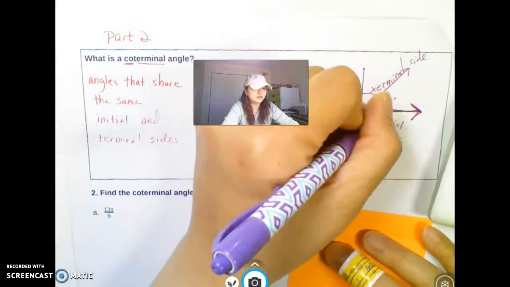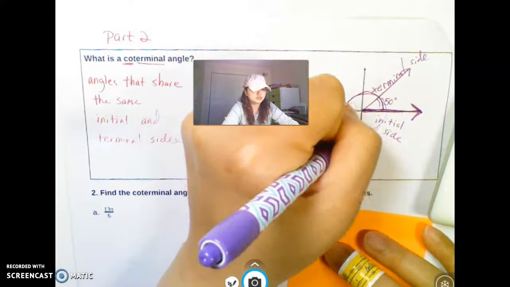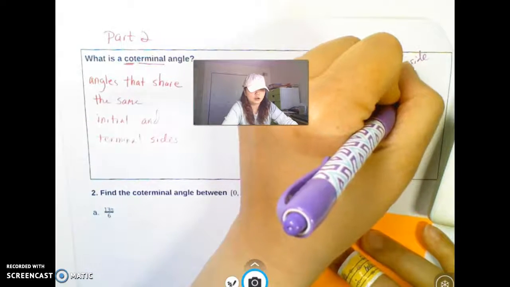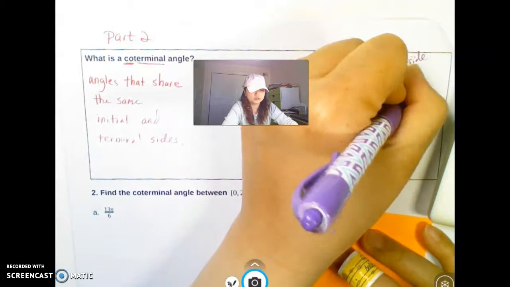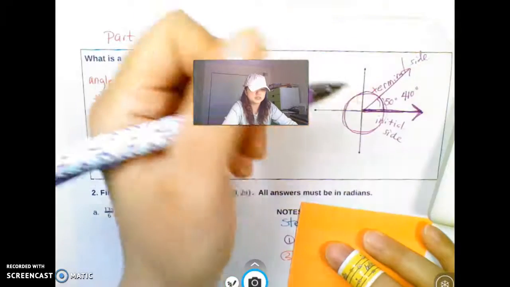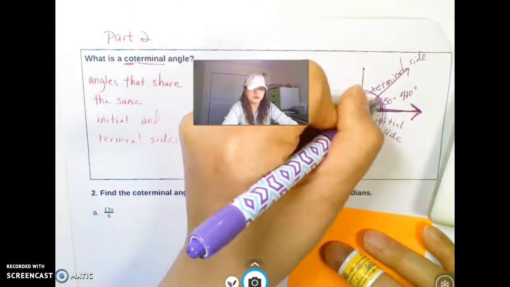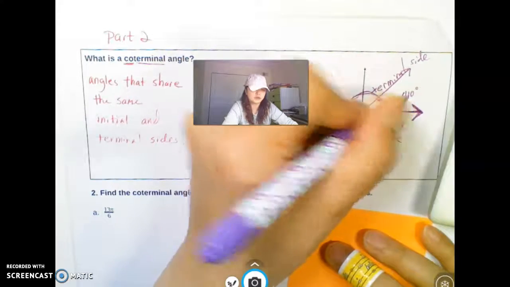Now, what we're used to is degrees. If you go around the whole circle, it's 360. So this could be 410. Does that make sense? This is 50, but if you go around the whole circle, that'll be 360 more. So that's how I got 410.